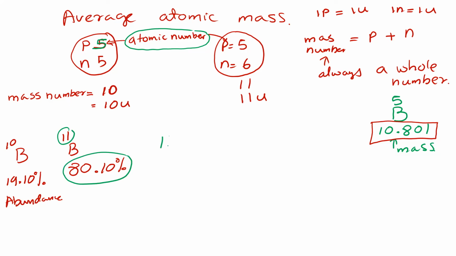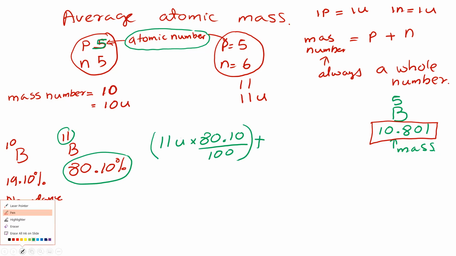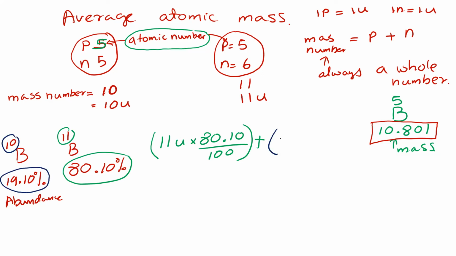Now, if we do the mathematical calculation in a different way, for boron 11 we have 80%. So I'm going to multiply 11 U by 80%, and I'm using the 100 as well. Now that is one part. Plus, my next part uses the numbers for the boron 10 isotope, which is 10 U multiplied by its abundance, which is 19, over 100.